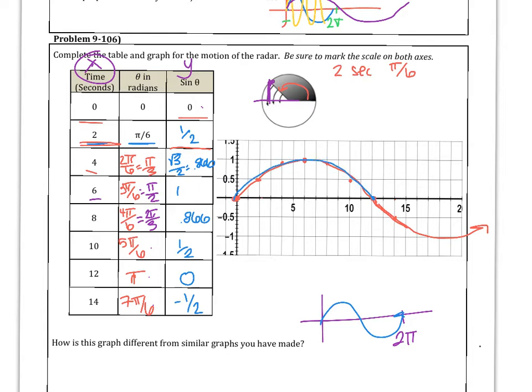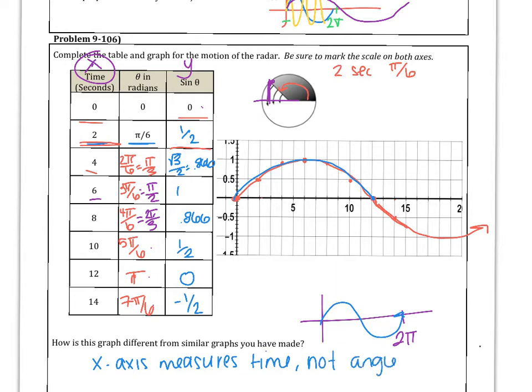So one big change here is that the x-axis isn't even in terms of angle measurement anymore. We were talking about seconds. So the x-axis measures time. That's one change. And not angle.